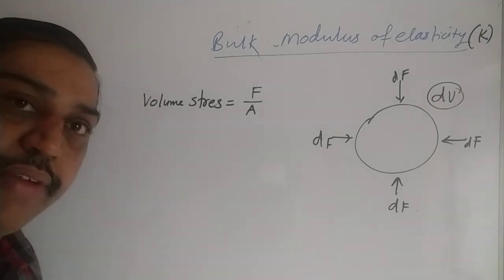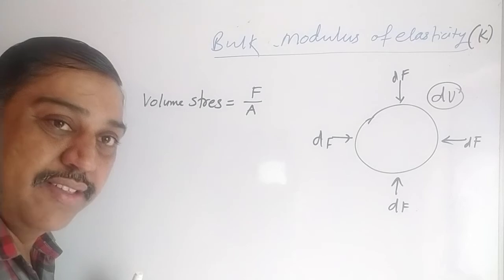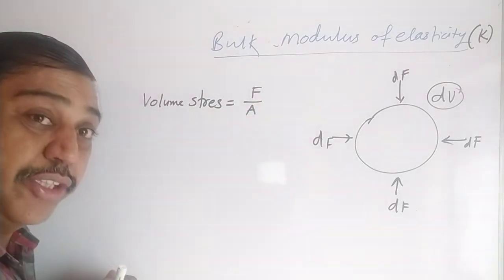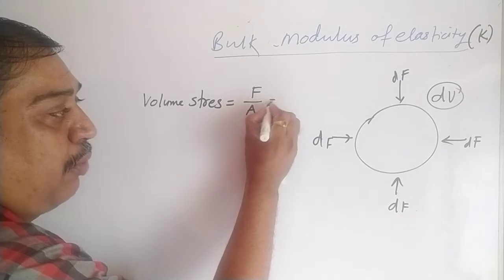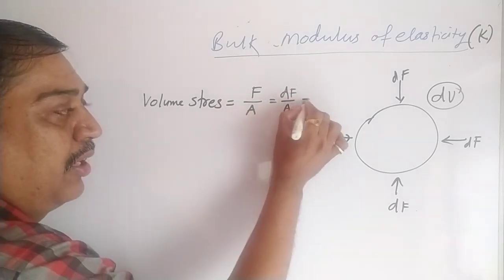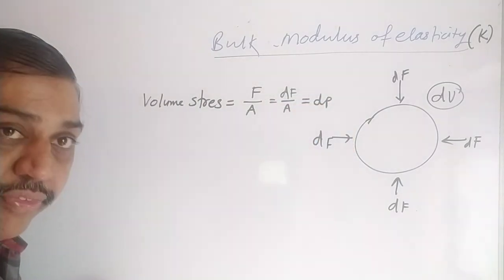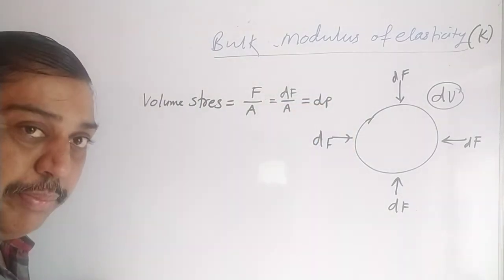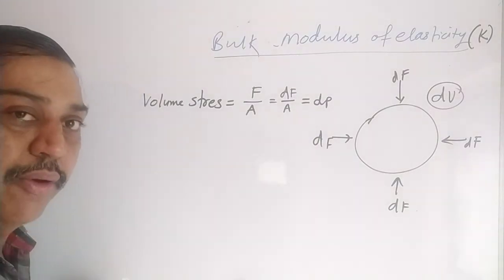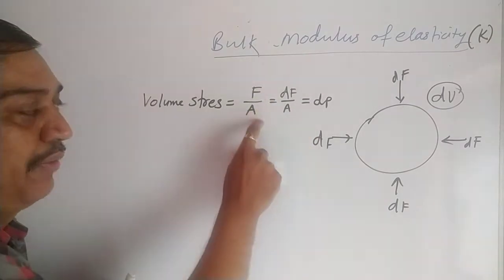If you remember, when we learned the first chapter on fundamental quantities, units and measurement, force divided by area is pressure. Here the force applied is dF on area A, so this will give us a pressure dP. Just see the first chapter, there is one table for fundamental quantities and derived quantities, there is the term pressure. Pressure equals force divided by area.